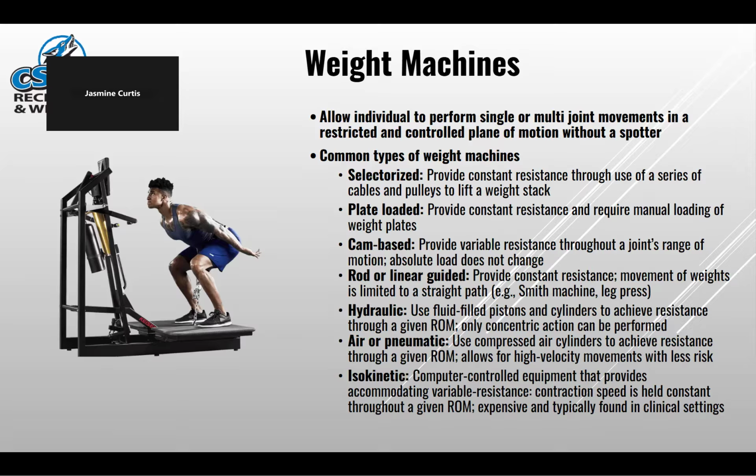Also, we can push a little harder on certain parts of our body if other parts are stabilized. Common types of weight machines are selectorized, plate-loaded, cam-based, rod or linear guided, hydraulic, air or pneumatic, or isokinetic. Selectorized machines provide constant resistance through use of a series of cables and pulleys to lift a weight stack.